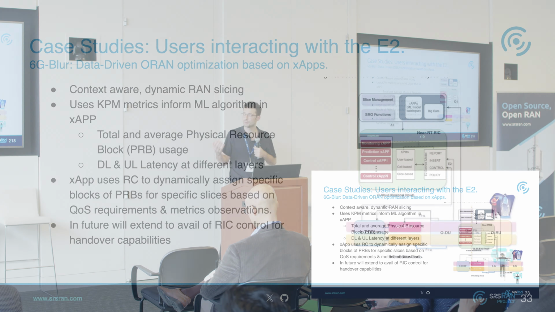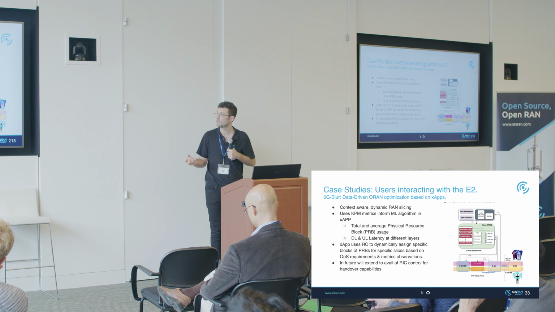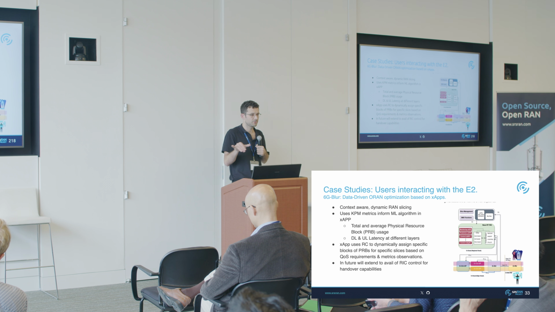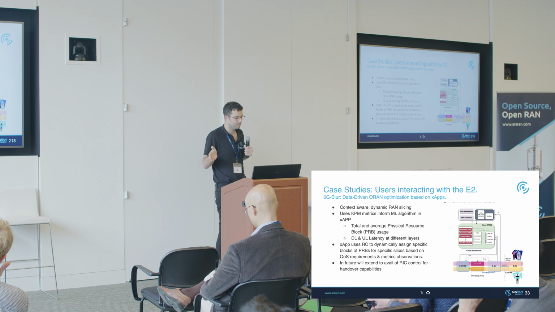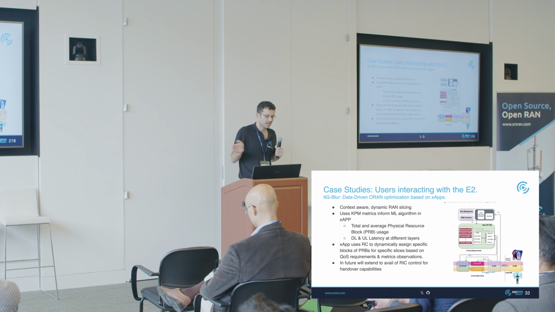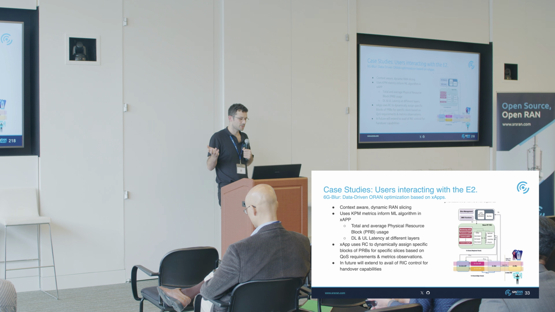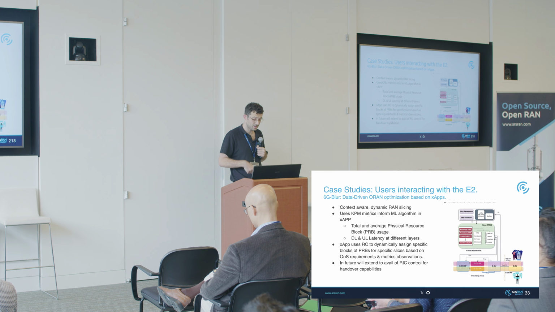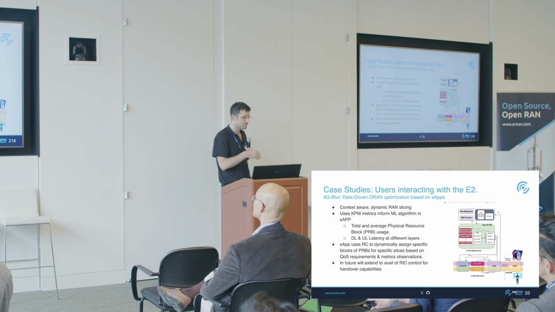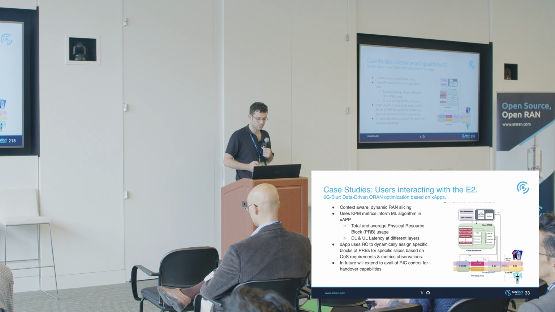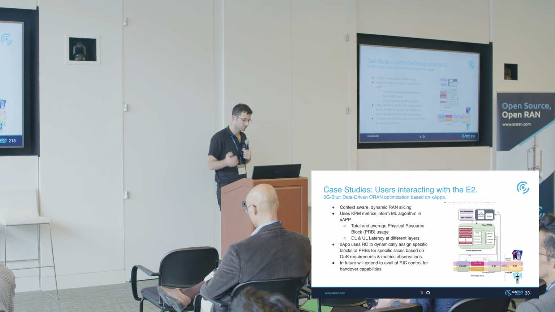They're viewing some KPM metrics, and then doing some sort of intelligent PRB sizing in their slices. And now that we've added the RIC-based handover, they're going to be integrating that into their use case as well. This is just one of 6 or 7 use cases that use the RIC in this particular project, but it's one that's more mature than the others.